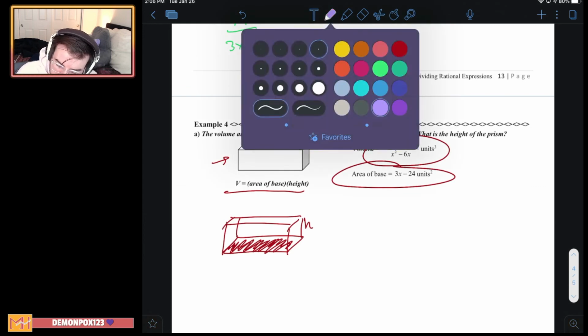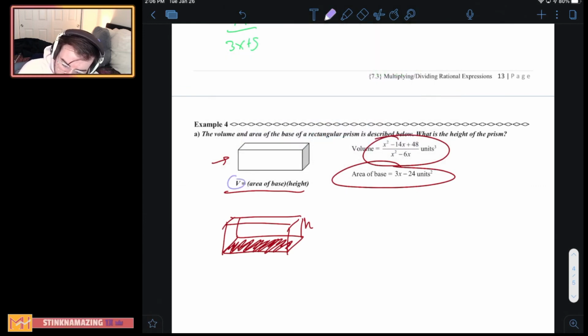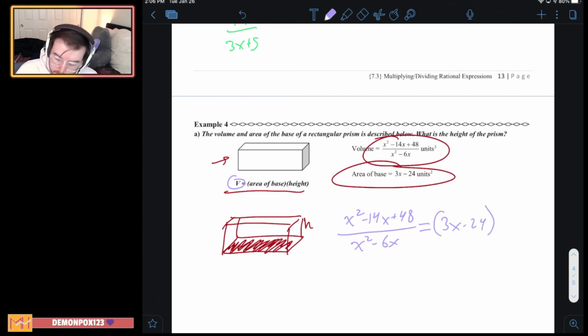Let's fill in the blanks of the equation. Volume, x squared minus 14x plus 48 over x squared minus 6x equals area of the base, well, that's 3x minus 24, times the height.